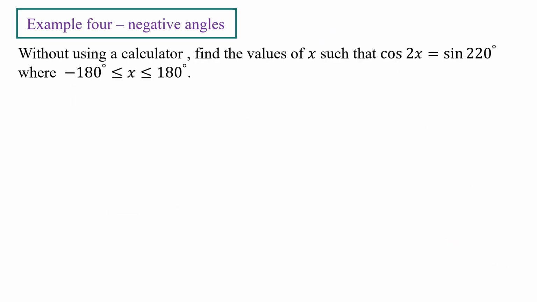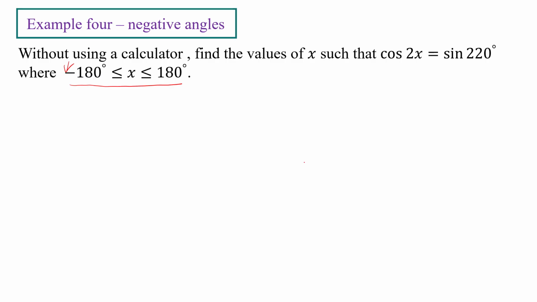Well, let's look at example 4, where we need to manage negative angles. Why are negative angles involved? Because if you look at the range you're supposed to find for the values of x, it has to be between negative 180 and 180. So that explains why you need negative angles.